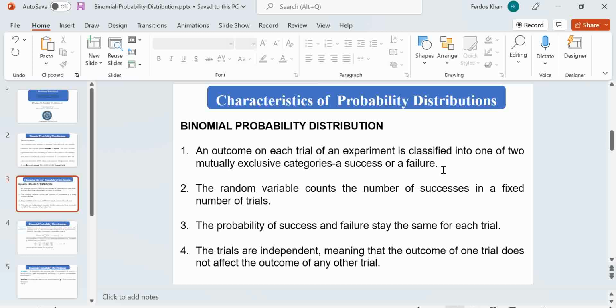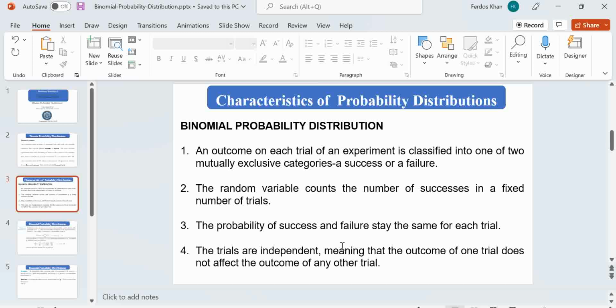But there should be only two possible outcomes of each trial. The second characteristic is that the random variable counts the number of successes in a fixed number of trials. This means we should have a fixed number of trials that we normally denote by small n in the binomial probability distribution, and x is the random variable which counts these successes. We will explain this also in an example later.